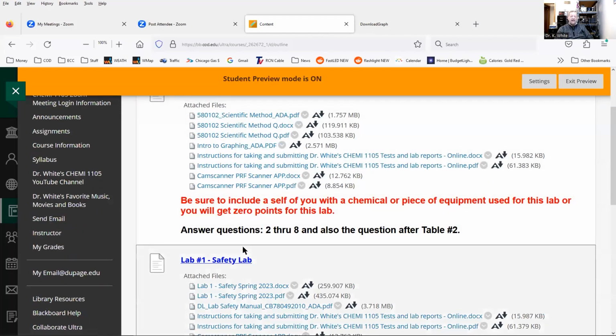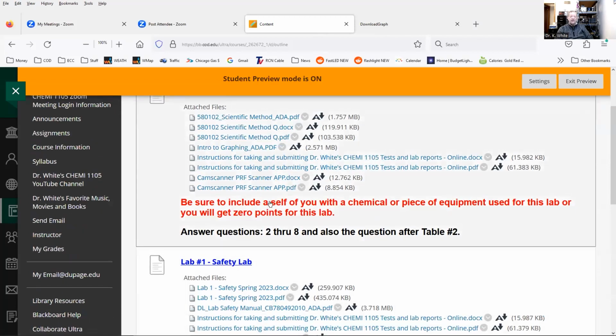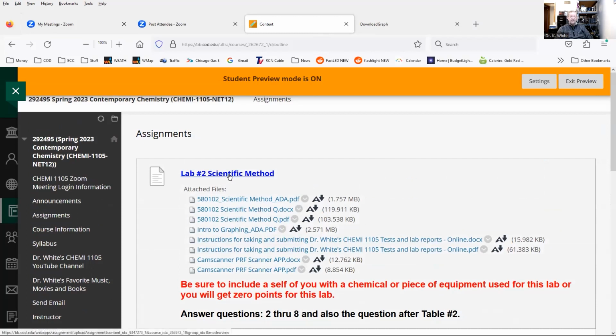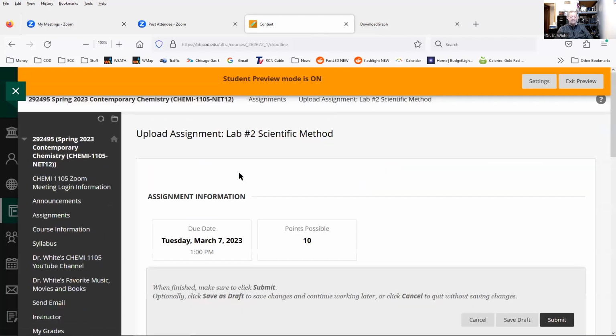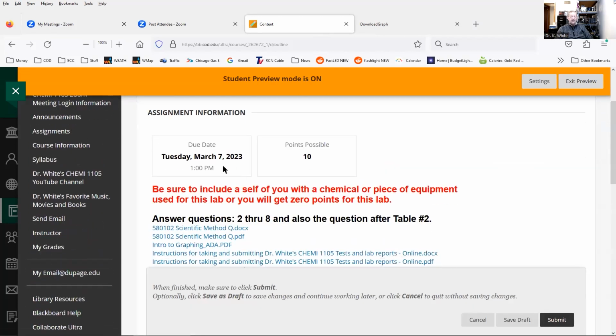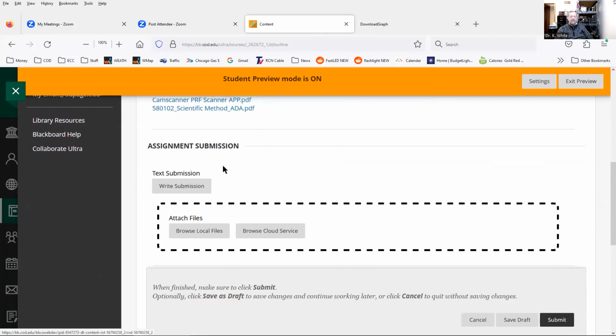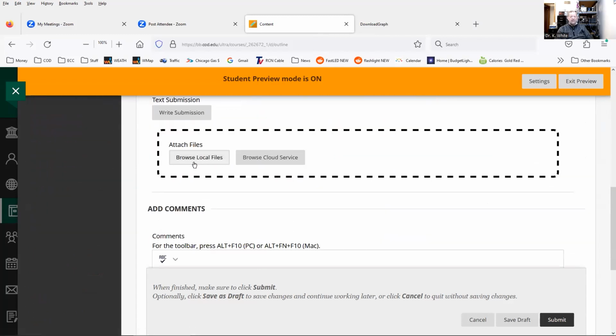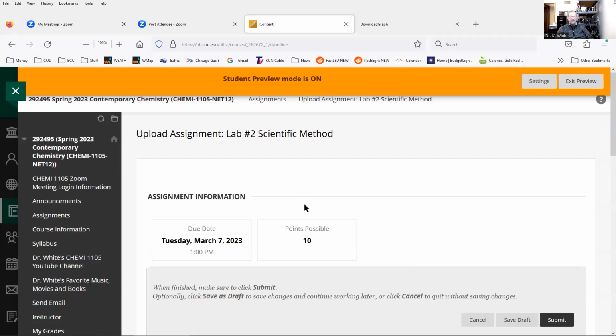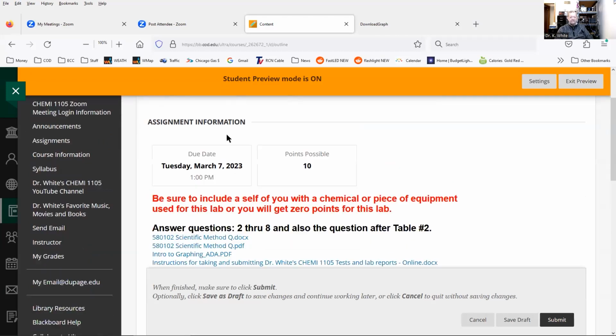And then by next Tuesday, you need to upload this to the scientific method lab here in the assignment. Click on here. Notice the due date. Click on Browse Local Files, find your PDF file, click, and then down here, Submit. Again, click on that assignment.